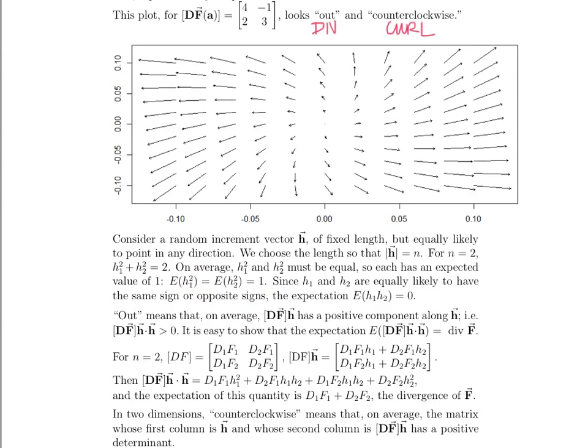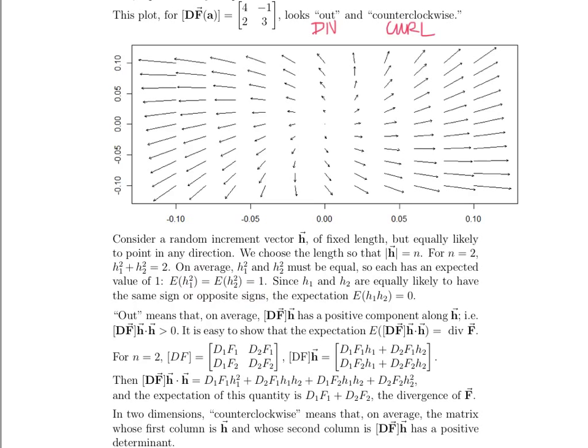Since h1 and h2 are equally likely to either be the same sign or the opposite sign, the expectation of their product is going to be 0. Paul walks through a really nice way of showing this expectation using R in the R script, so do check that out.